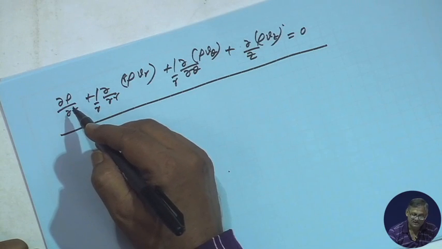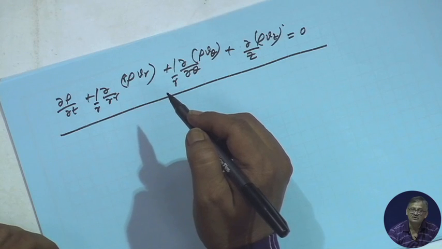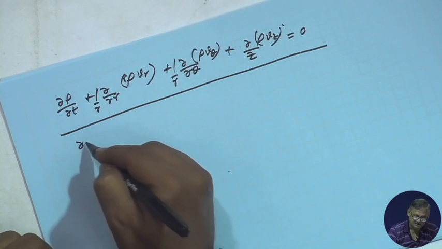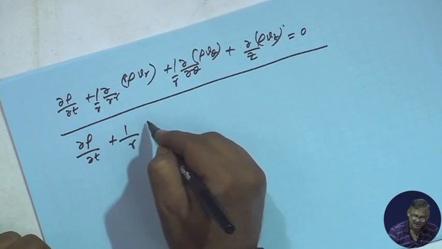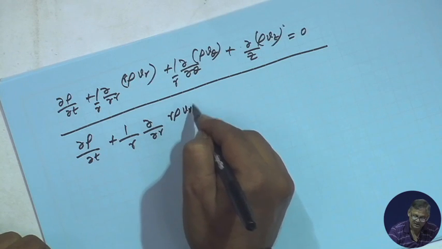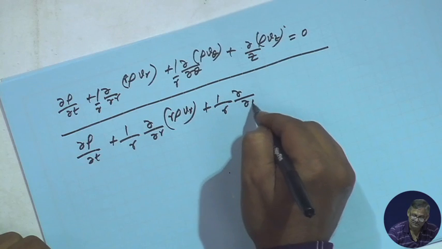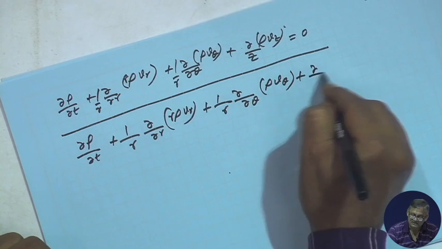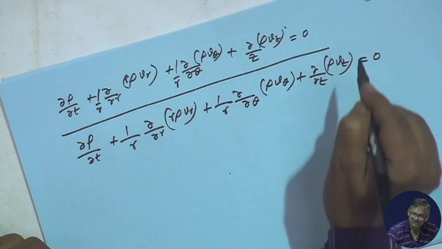So we can write that in the r theta z or cylindrical coordinate, the actual equation is del rho del t plus 1 by r del r of r rho Vr plus 1 by r del theta of rho v theta plus del z of rho Vz, equal to 0.